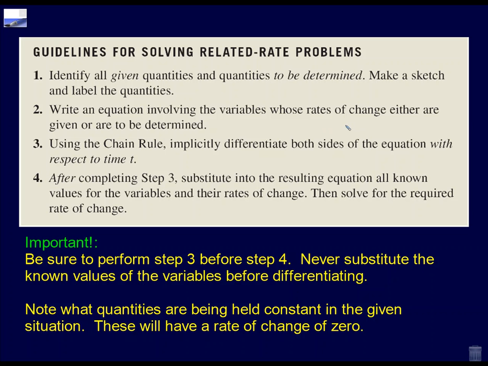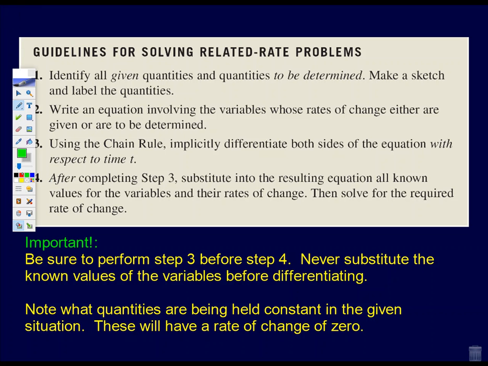We wrote an equation for step 2 that involved the variables whose rates of change were given or to be determined. So in the example, I started with the equation area equals pi r squared, because we understand that's how the area of a circle is related to the radius. Then we used the chain rule and differentiated with respect to time.